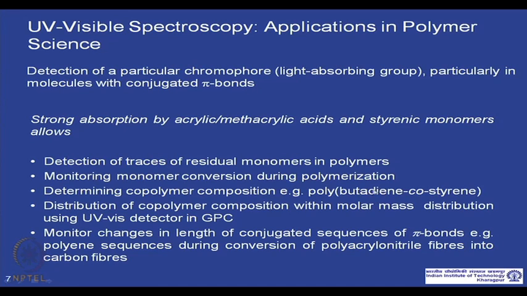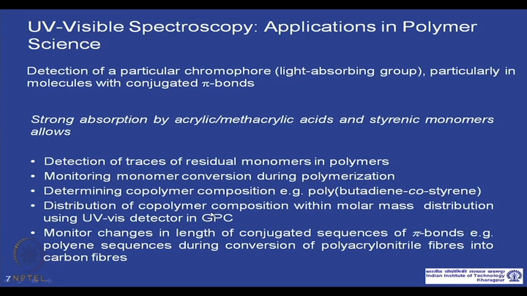For that, of course, we need to know the absorption behavior of the individual homopolymers, like in this case polybutadiene and polystyrene. If we know the individual absorption spectra for polybutadiene and polystyrene homopolymers, then from there we can easily get the composition of polybutadiene-co-styrene.